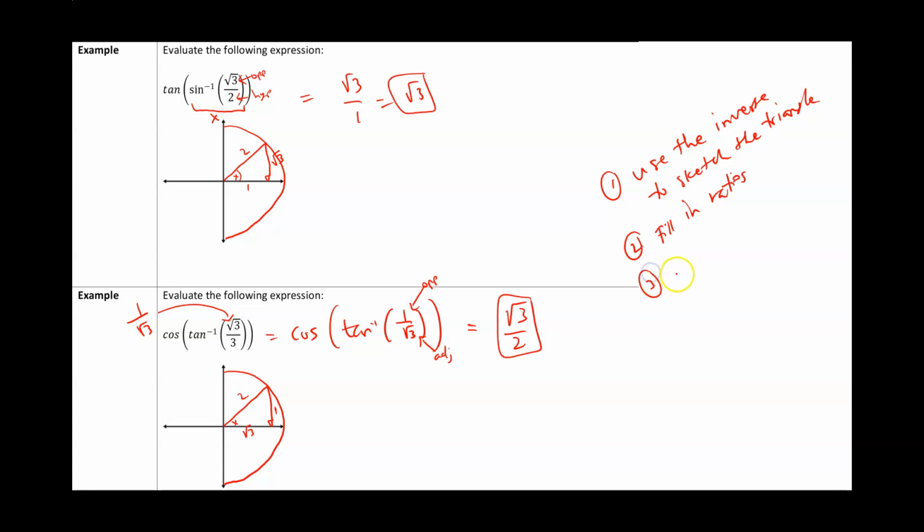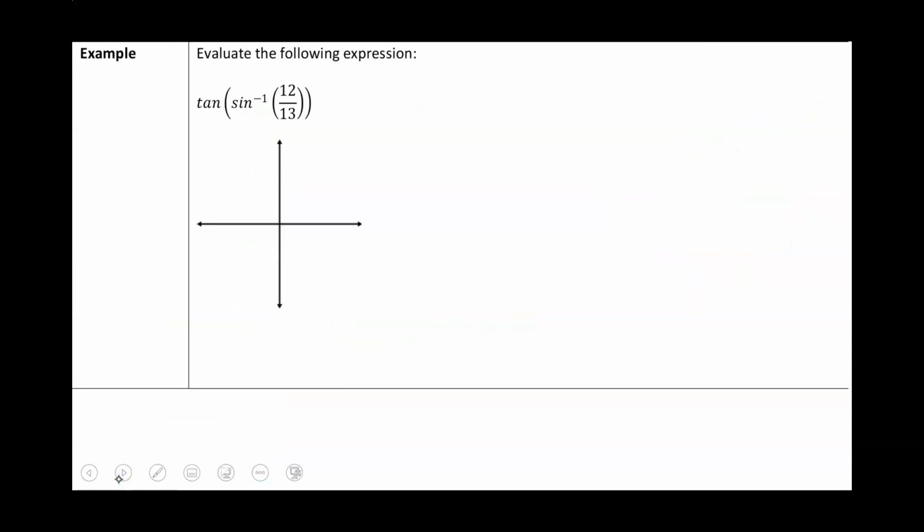Once you've done that, find the ratio of the outer function. So in this case, we sketched the triangle using opposite over adjacent, and then we found the cosine by doing adjacent over hypotenuse. Okay, if you have any questions, come prepared in class.